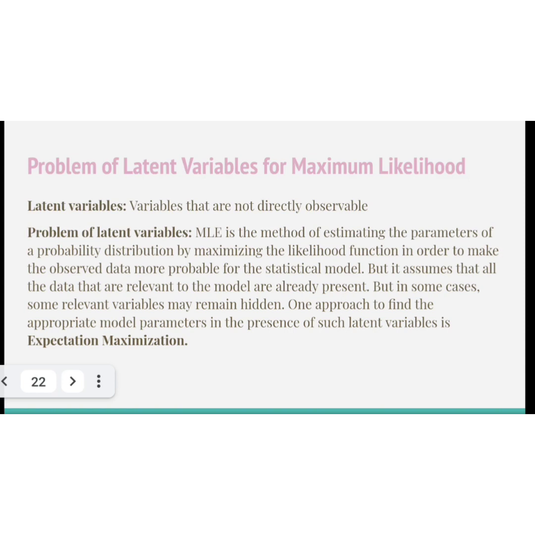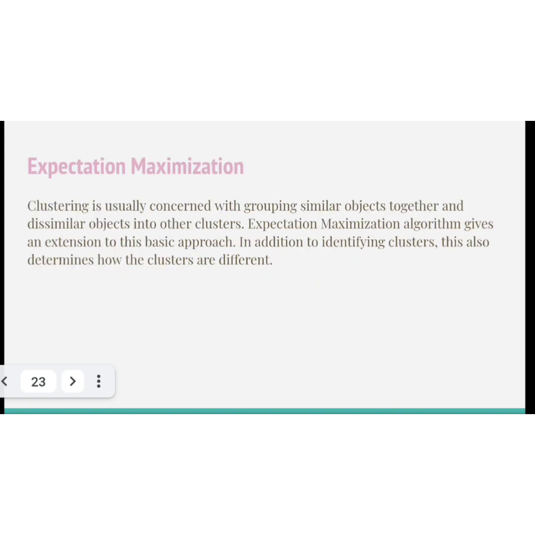But these missing variables will not be seemingly visible. So these seemingly missing variables are called latent variables. Now, if such latent variables are present in the data, then MLE will not be very effective. So, in this case, one approach that can be used is called expectation maximization.